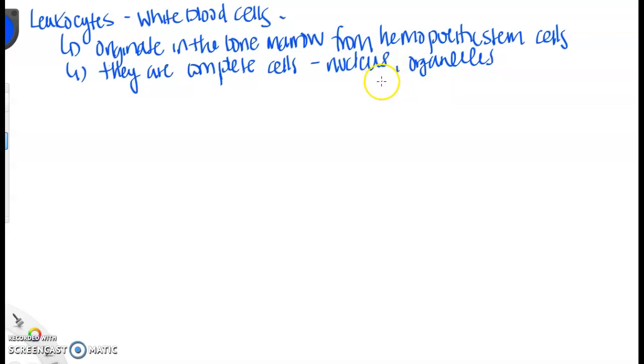So if we look at how they act, because here's the thing I want you to understand about white blood cells. White blood cells are part of the immune system. That means much of their job is to go out and clean things up and to kill things and to eat things and deal with nasties that get into our bodies.